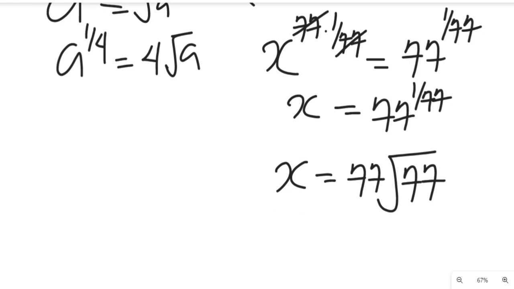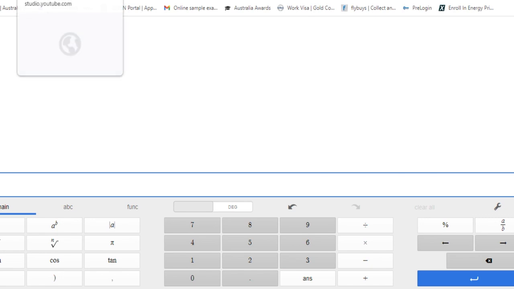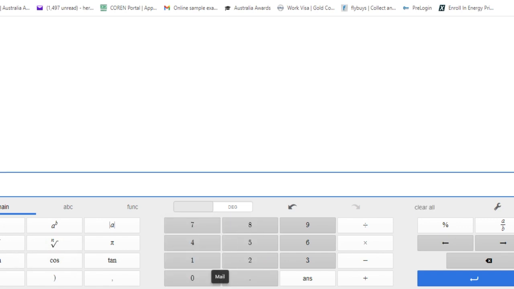Now, is this real? Let's go and check our calculator. Let's point our calculator to get a value for the 77th root of 77. We'll go to a Desmos calculator, desmos.com. Now we want to look for the 77th root of 77.